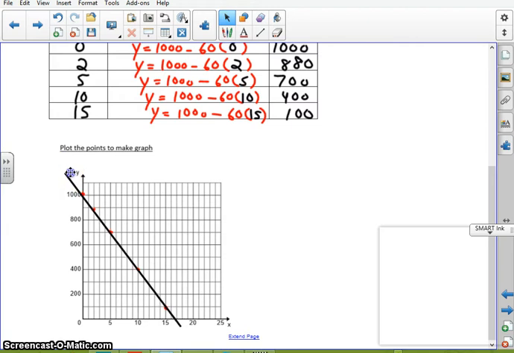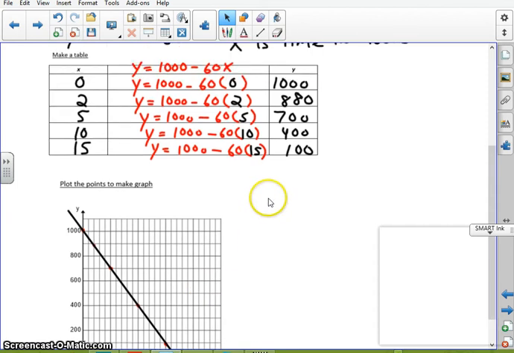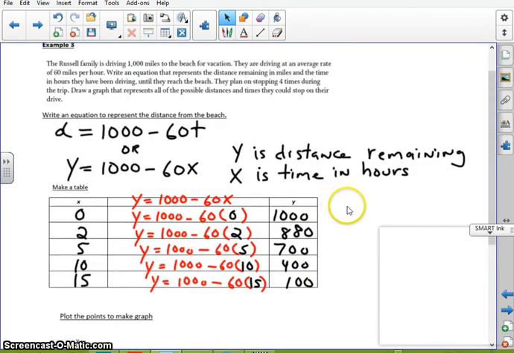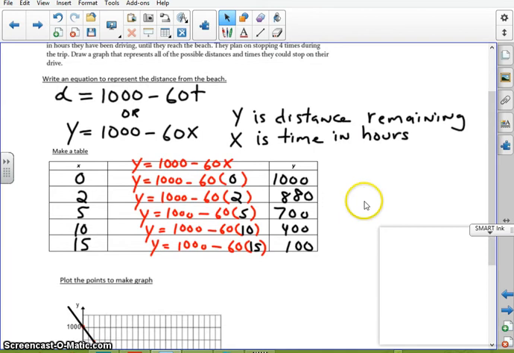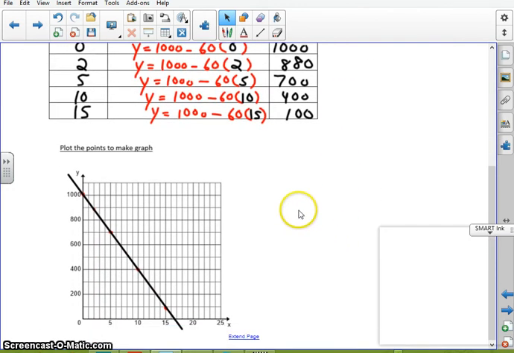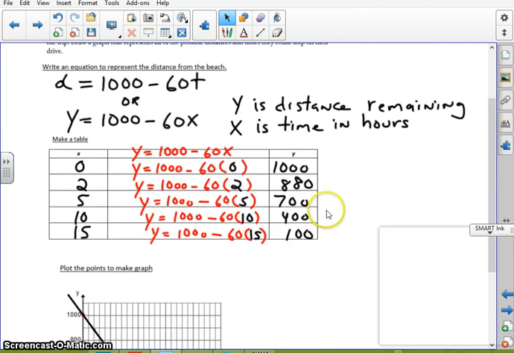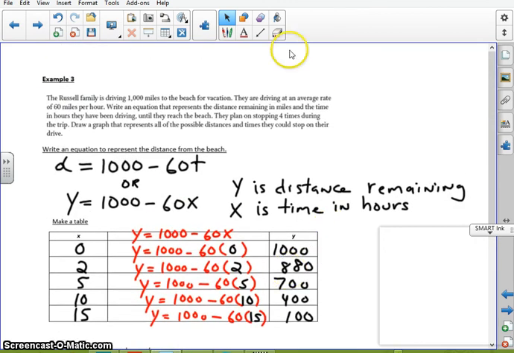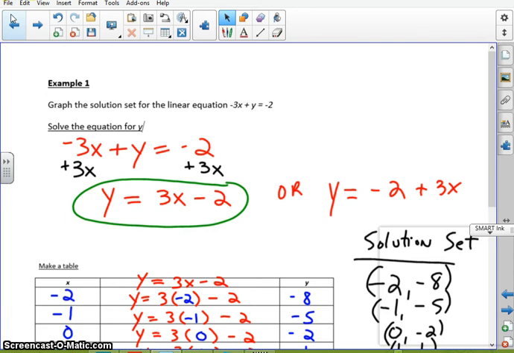This is a straight line, so I have a linear equation here. And now I have graphed the equation that represents the Russell family traveling to their vacation destination. And that's it. So those are our notes for graphing a function rule.